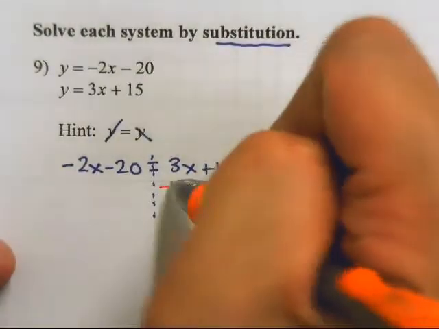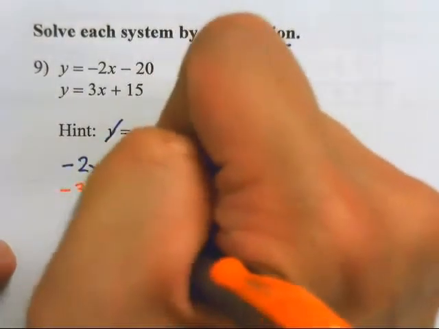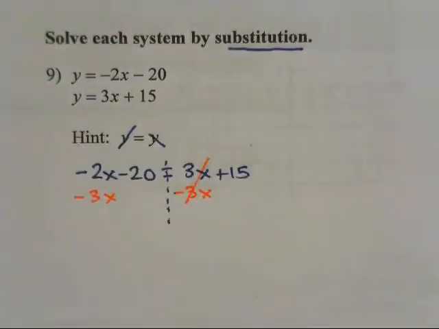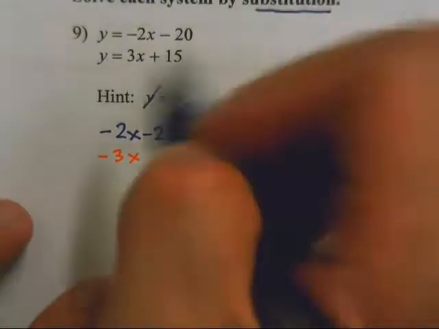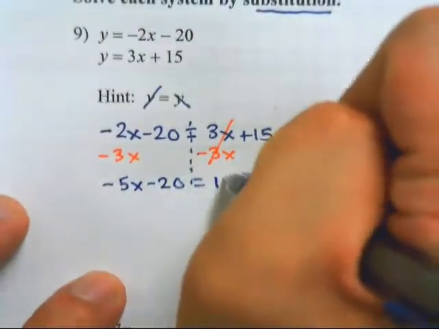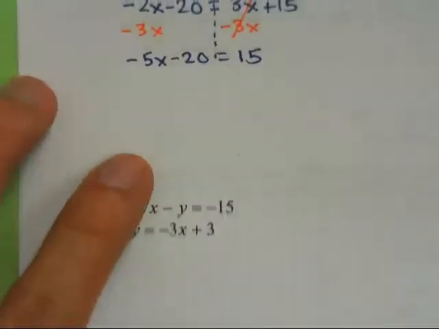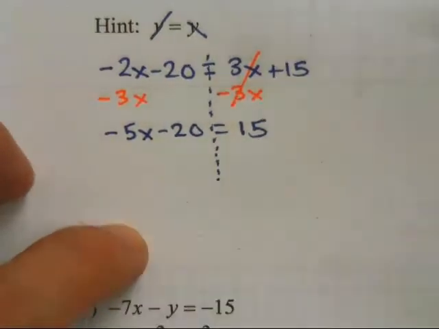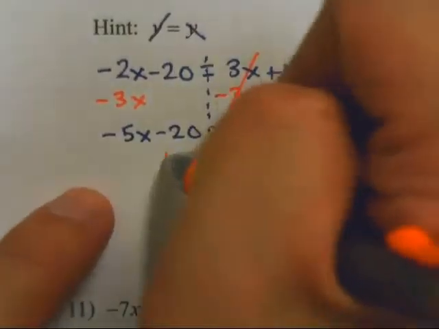Some students like to subtract 3x on both sides. You could have also added 2x on both sides. It does not matter. Okay. Negative 2 minus 3 is negative 5x. So not too bad with this type of math.